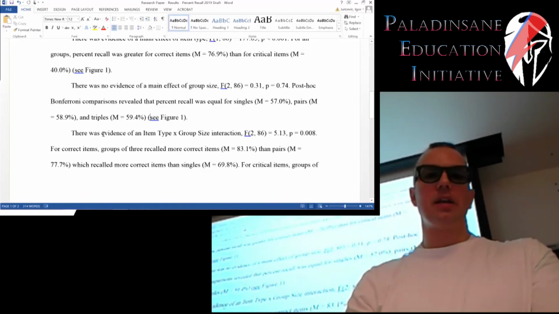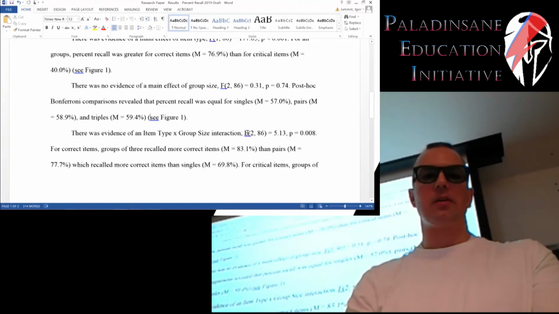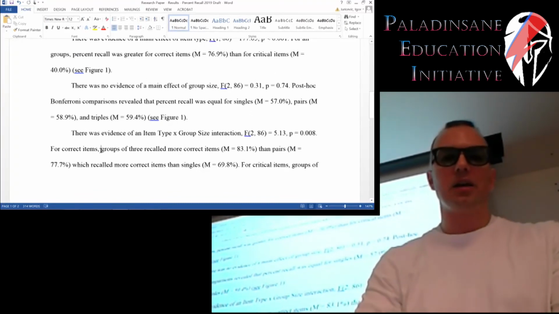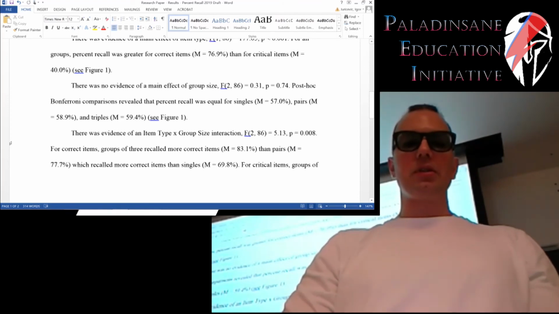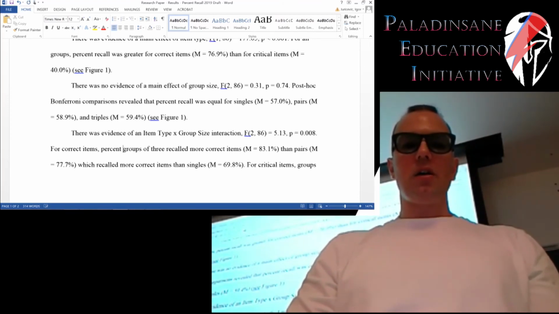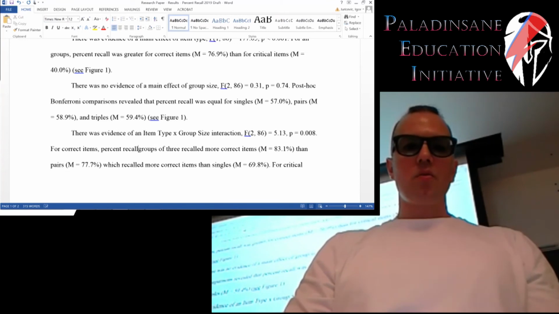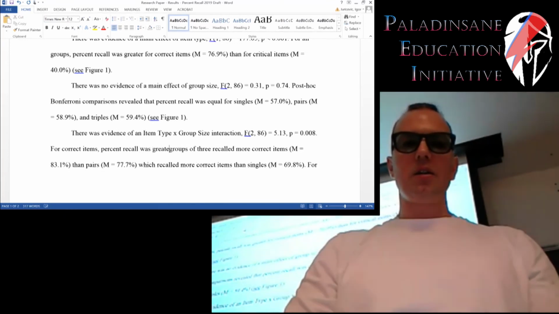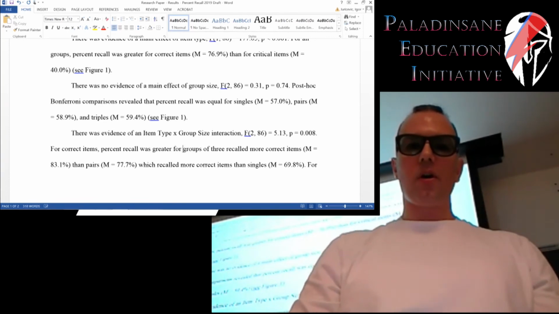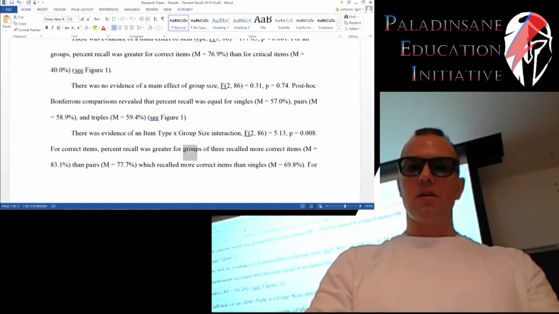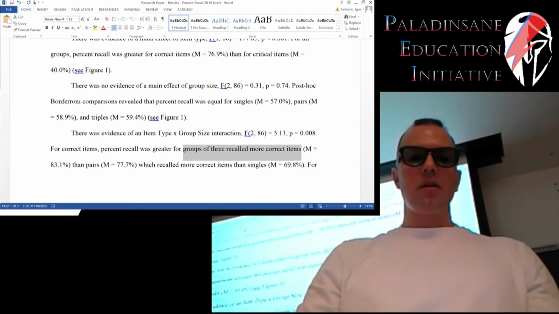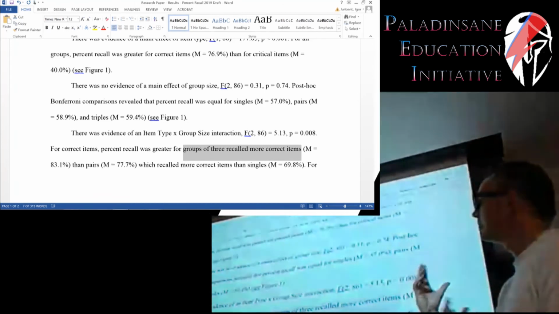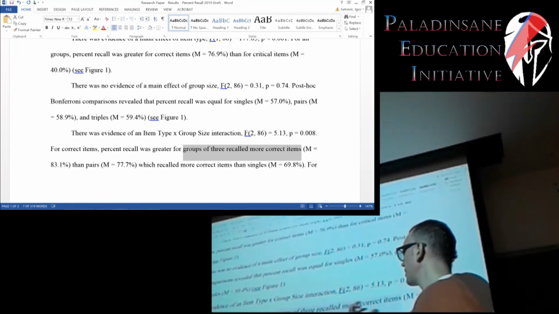All right, and now we got one last one. So there was evidence of an item type time group size interaction. For correct items, let's do it one more time. Percent recall was greater for, all right, so we have here groups of 3 recalled more correct items.